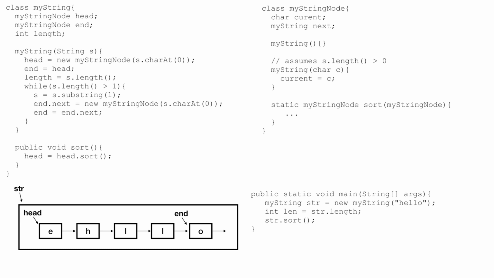Like if you want to keep the head and the tail around and some other statistics about the list that you don't necessarily have without running some function, it might be easier to keep it around than to have to calculate it every time. But at the end of the day, they're basically the same thing, and you're pretty much going to have to write the same amount of code whether you use an interface class or not. It's just how much easier it is to work with one versus the other.